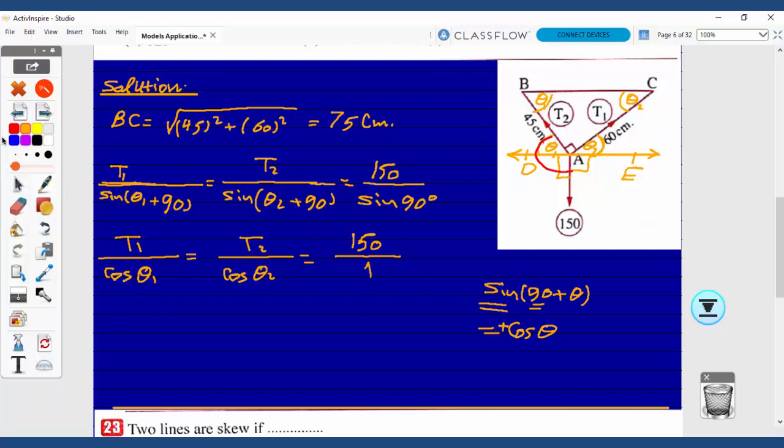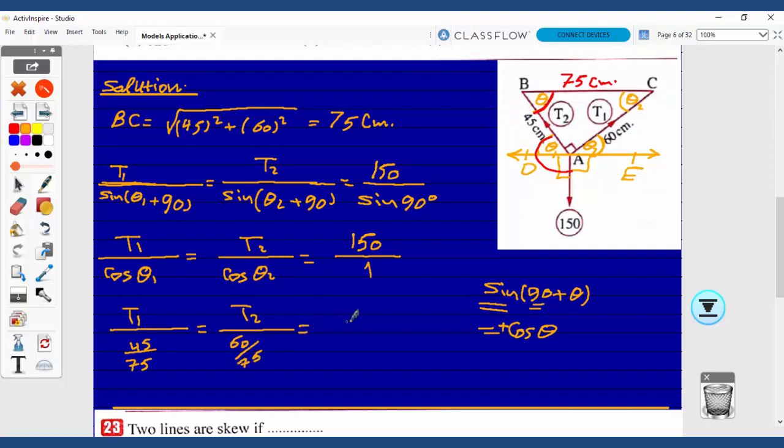From the figure, cosine is the adjacent over hypotenuse, and the hypotenuse is 75, we calculated already. So T1 over cosine theta 1, which equals 45 over 75, equals T2 over cosine theta 2, and cosine theta 2 equals AB divided by CB equals 60 divided by 75.